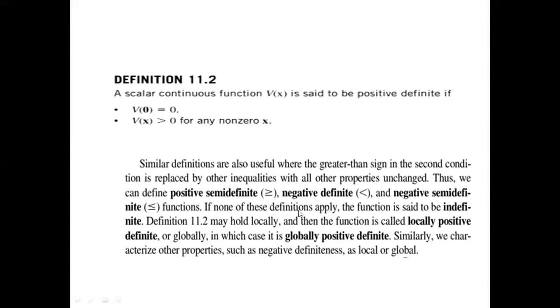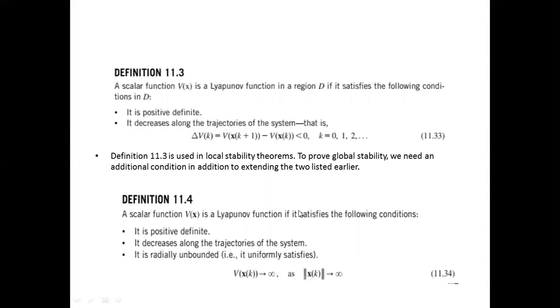Okay, now a scalar function V of x is a Lyapunov function in a region D if it satisfies the following conditions. The conditions are: V of x is positive definite, and V of x decreases along the trajectories of the system.